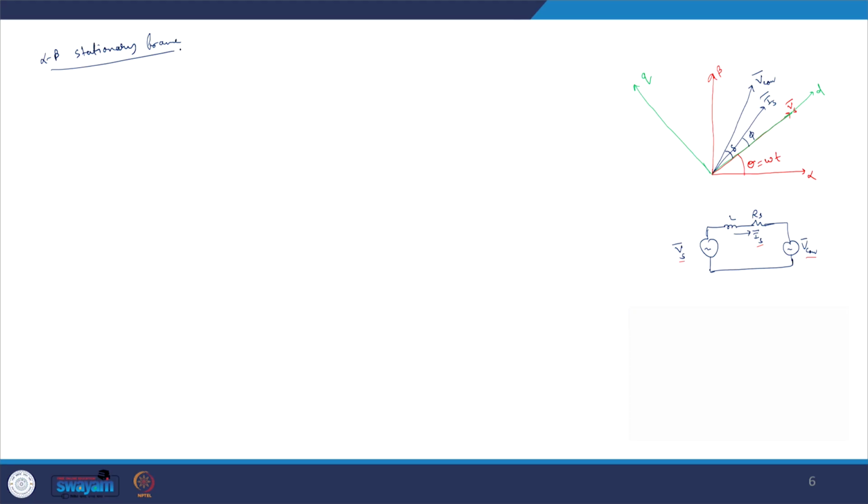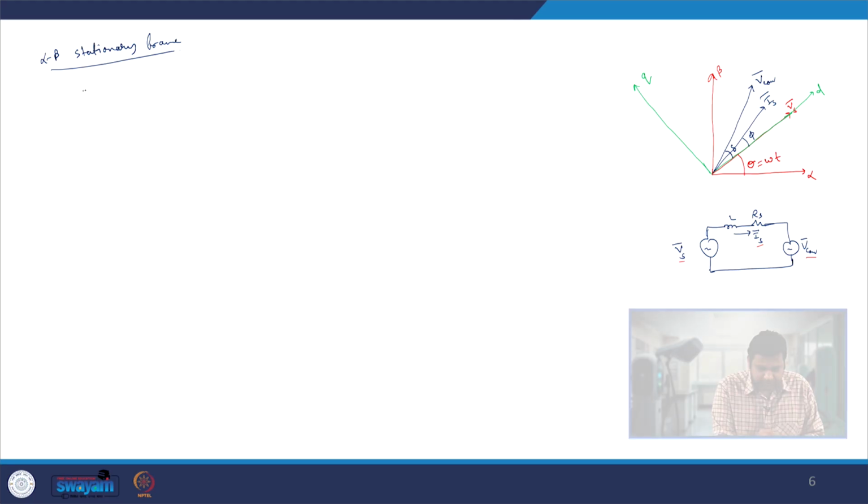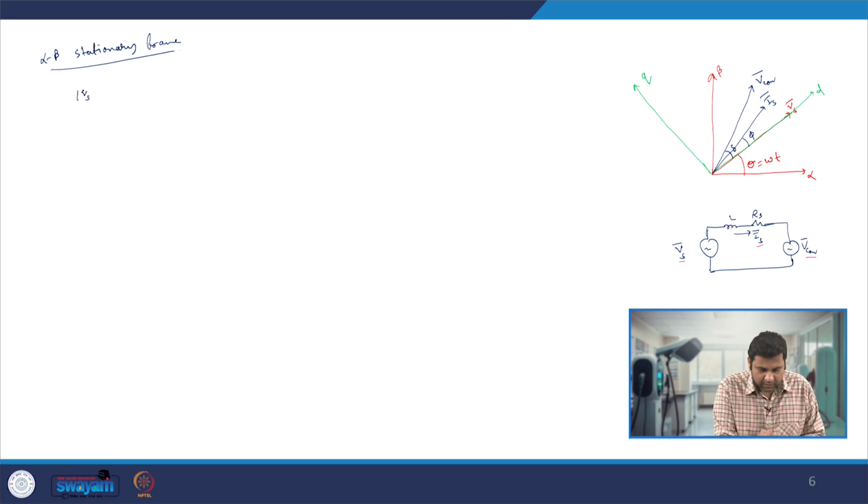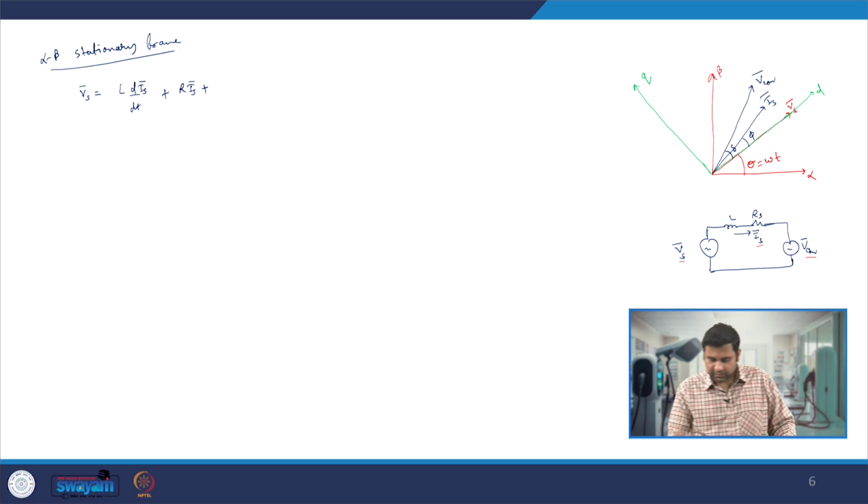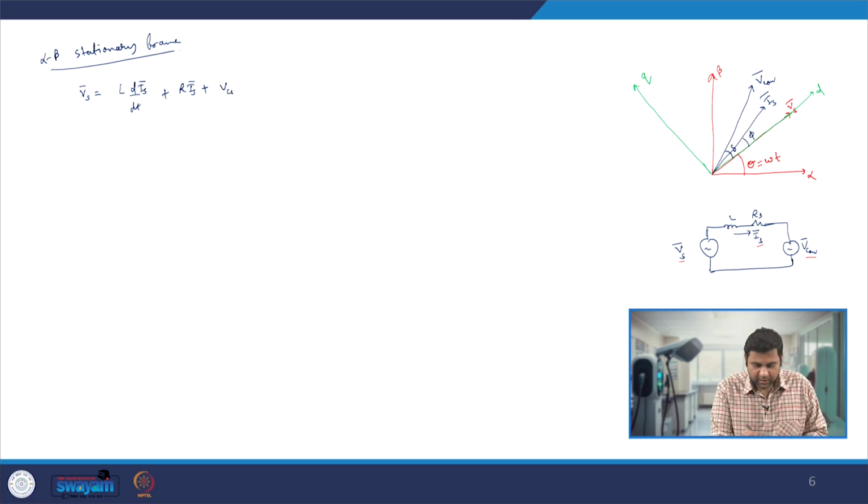So, if we apply KVL, we can write the Vs space vector is nothing but L di by dt of the Is space vector, plus R times the Is space vector, plus my V converter space vector.